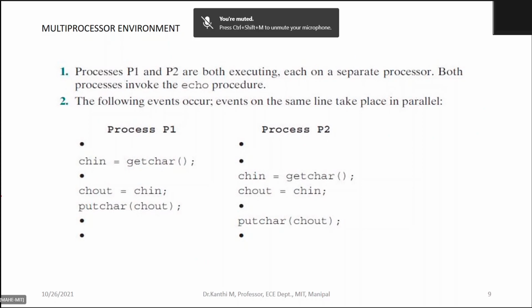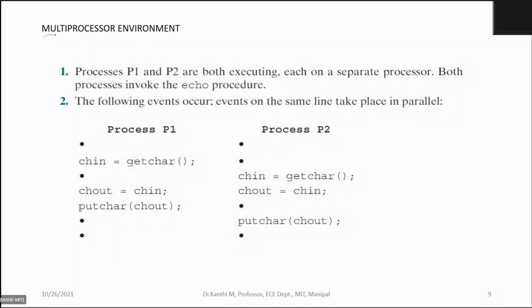Yeah, so multiprocessor environment. Earlier I showed the uniprocessor environment. So this is the multiprocessor environment. In a multiprocessor environment, suppose processes P1 and P2 are both executing, each on a separate processor.